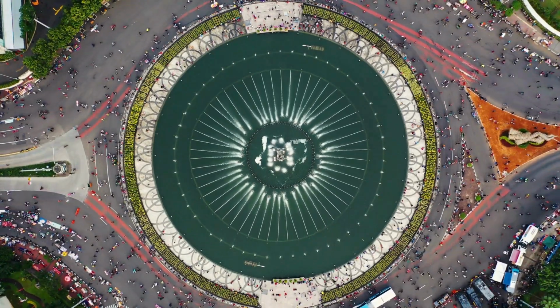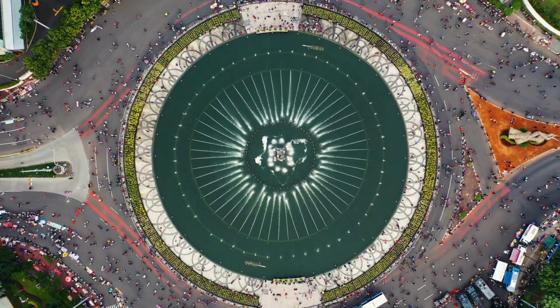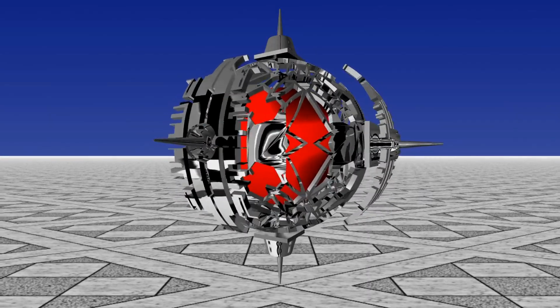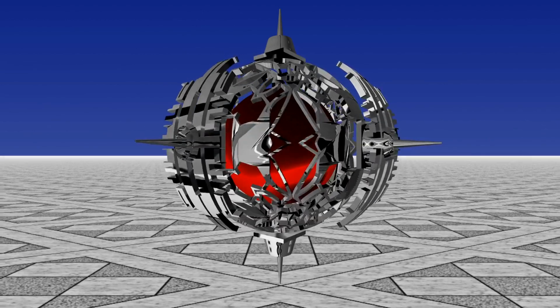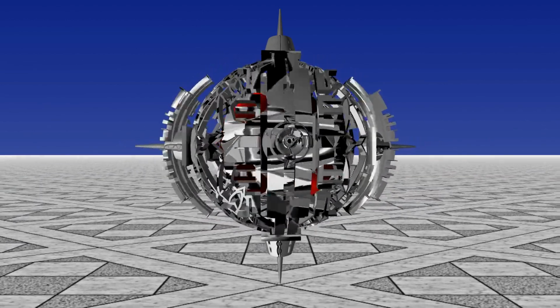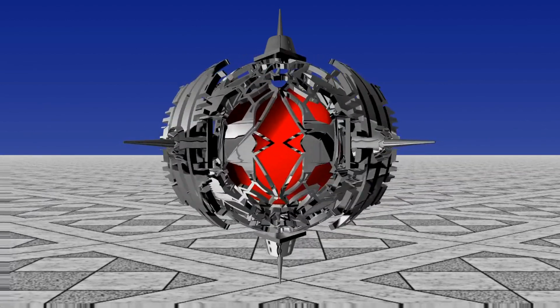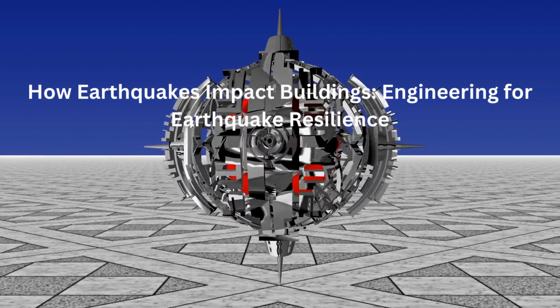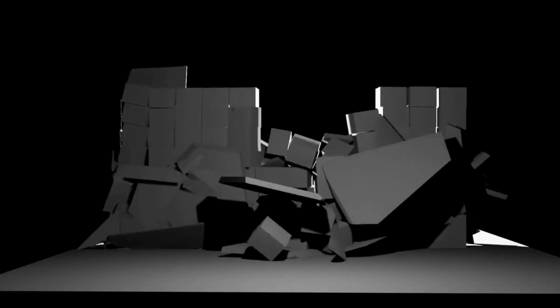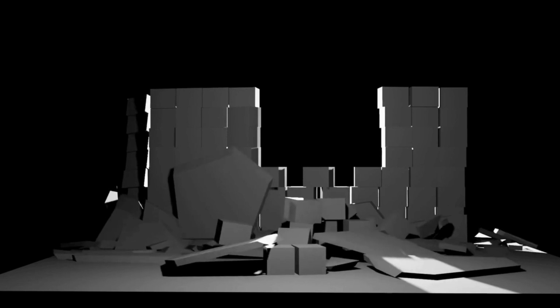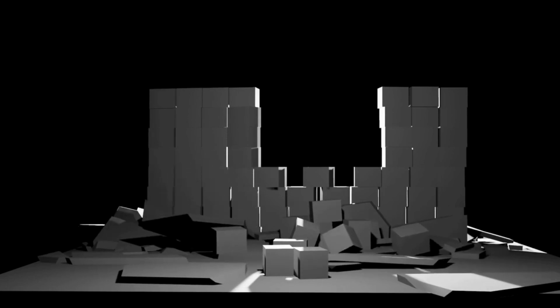Researchers are exploring cutting-edge methods, including artificial intelligence, to detect patterns in seismic activity. One day, these advancements could bring us closer to predicting earthquakes more accurately, potentially saving countless lives. How earthquakes impact buildings. Engineering for earthquake resilience. One of the most devastating impacts of earthquakes is the destruction they can cause to buildings and infrastructure.